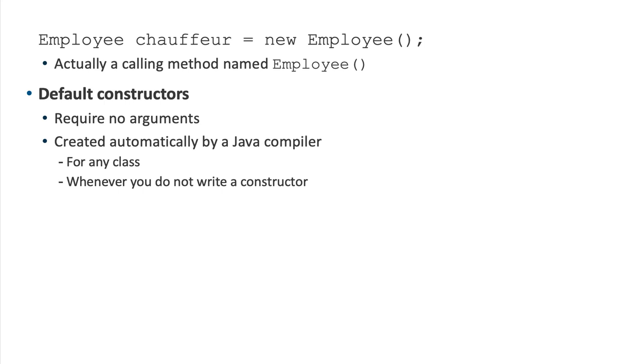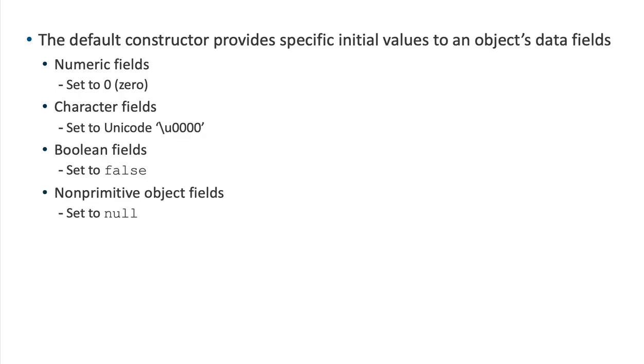A default constructor is created automatically by the Java compiler for any class you create whenever you do not write your own constructor. When the pre-written default constructor for the employee class is called, it establishes one employee object with the identifier provided.